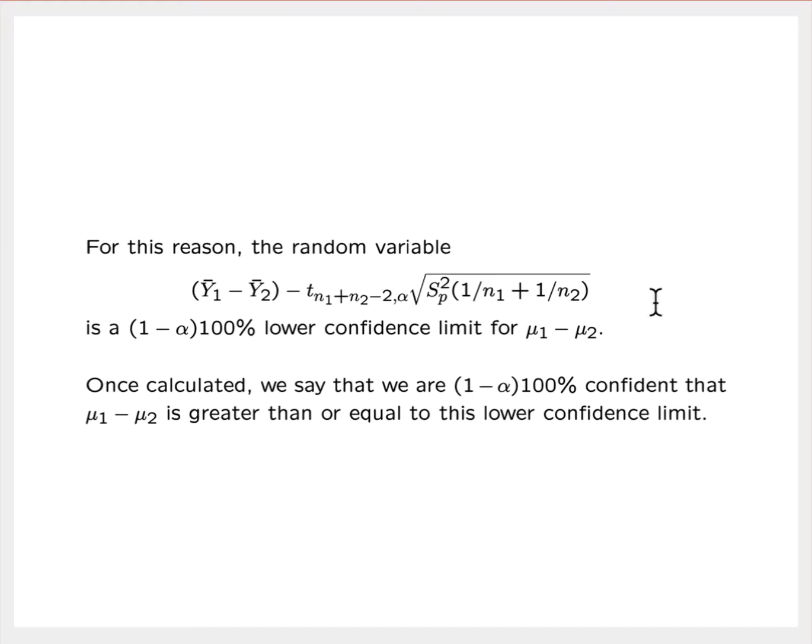The way that we interpret this, once we've got our two samples and we've calculated this lower confidence limit, is that we are 1 minus alpha times 100% confident that mu1 minus mu2 is greater than or equal to this lower confidence limit.